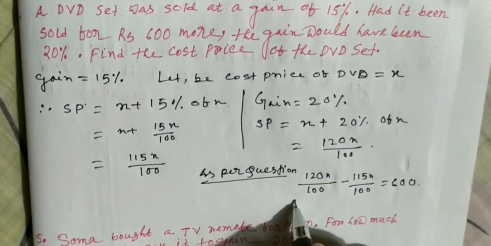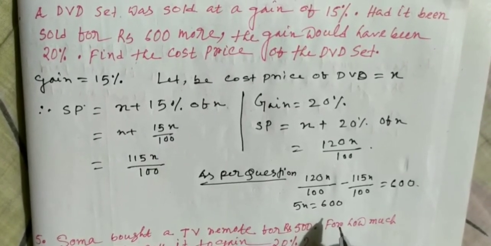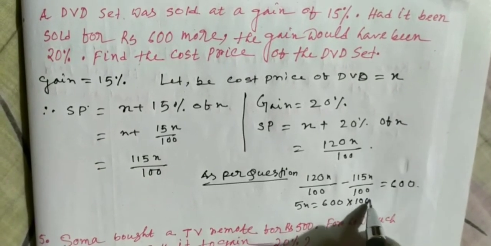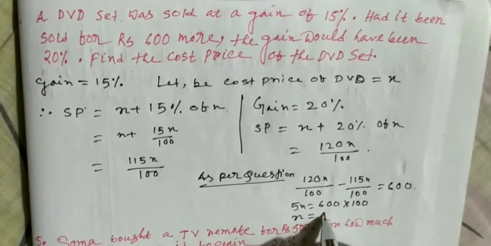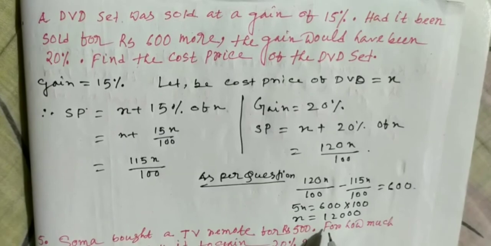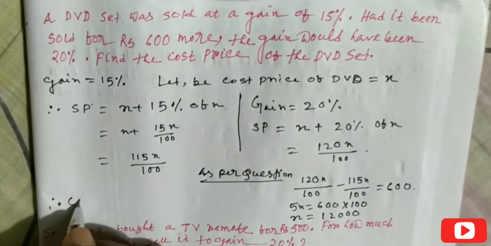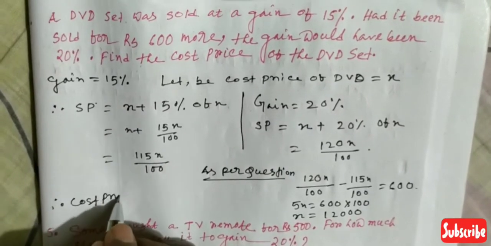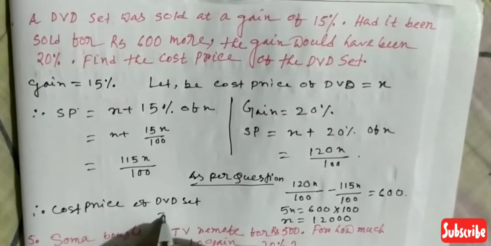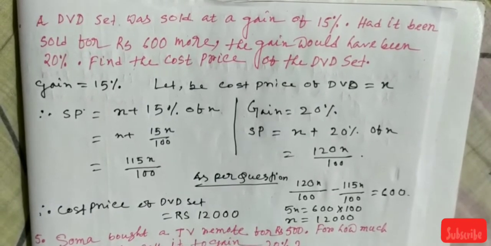So 5X is equal to 600, and X is equal to 12,000. Therefore, the cost price of the DVD set is rupees 12,000. This is the answer.